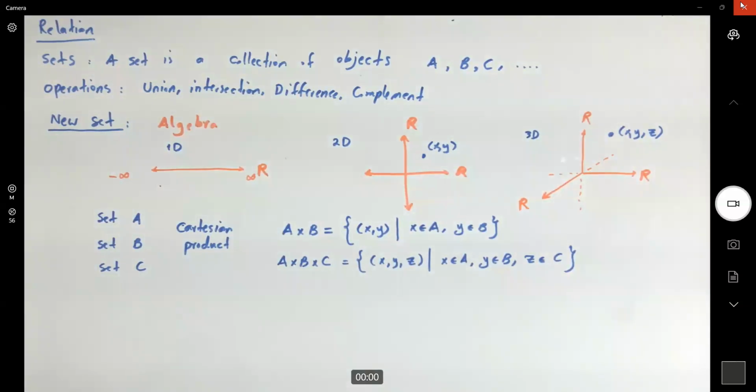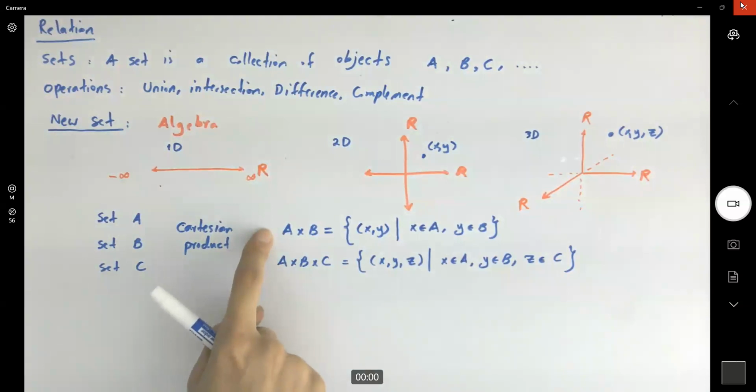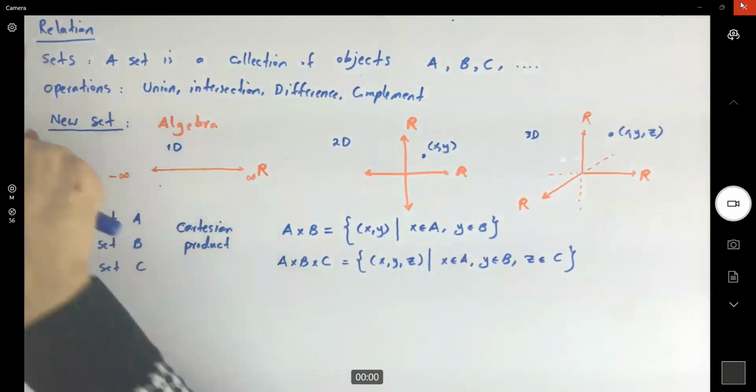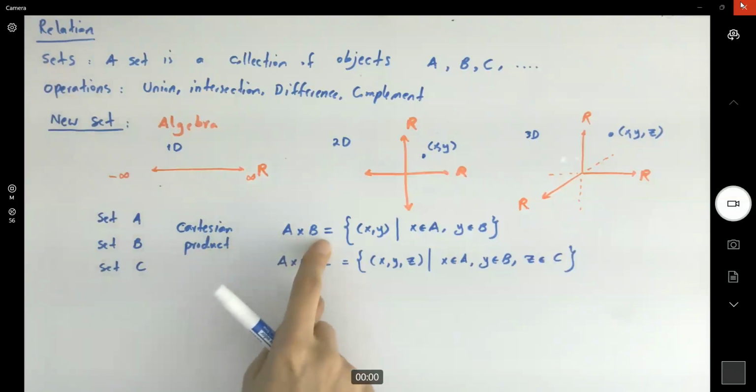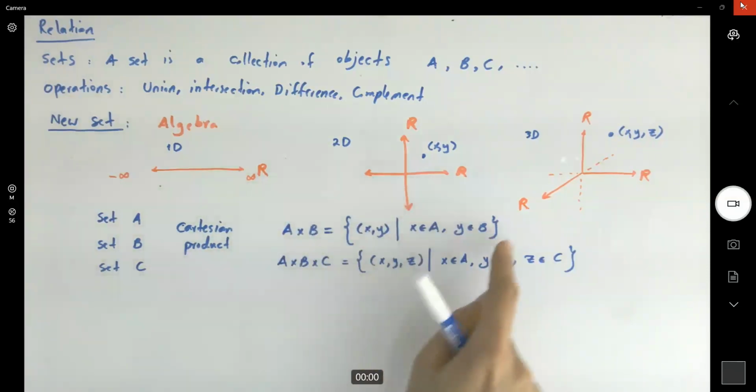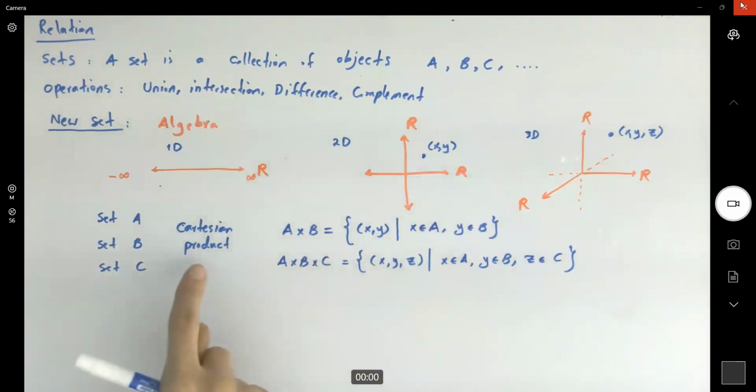So these are the definitions of Cartesian products. When we're talking about Cartesian products, we are introducing relations. We take two sets and define a new set formed by using the Cartesian product.